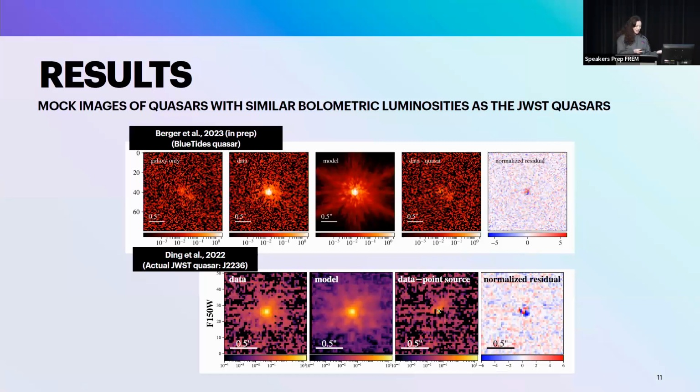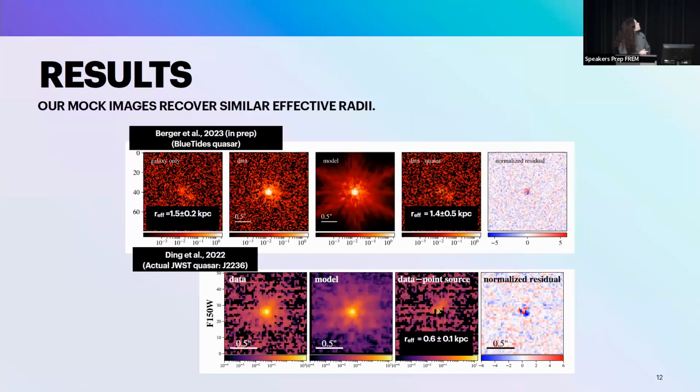So we're doing a pretty good job. We can also then measure the effective or dust attenuated radii and compare that for the data minus quasar and the galaxy only image, to see how adding the point source and our point source subtraction algorithm actually affects our measured effective radii.